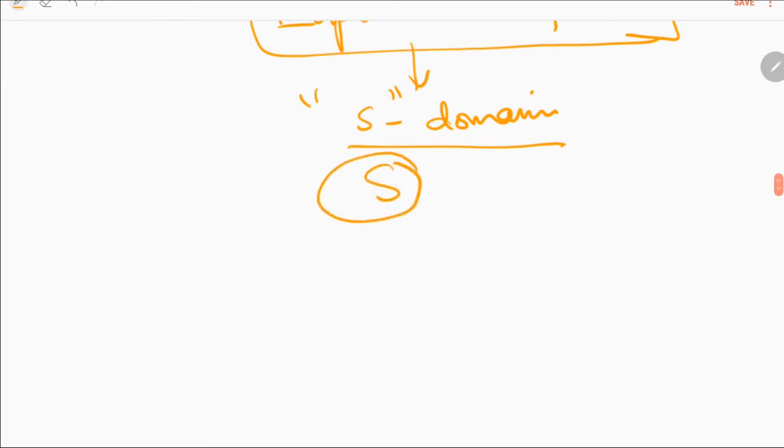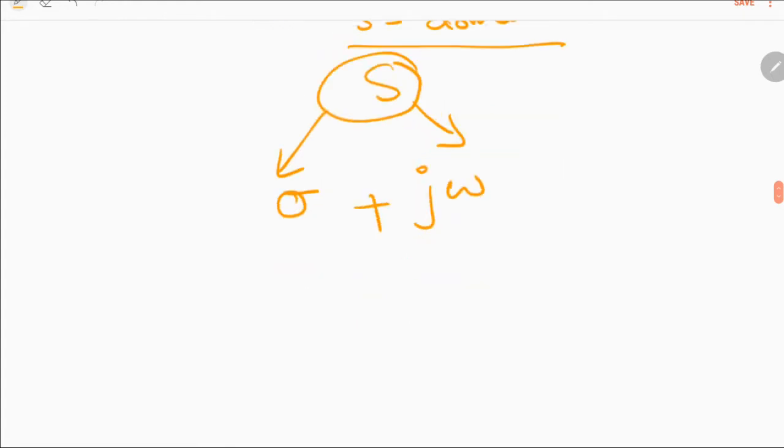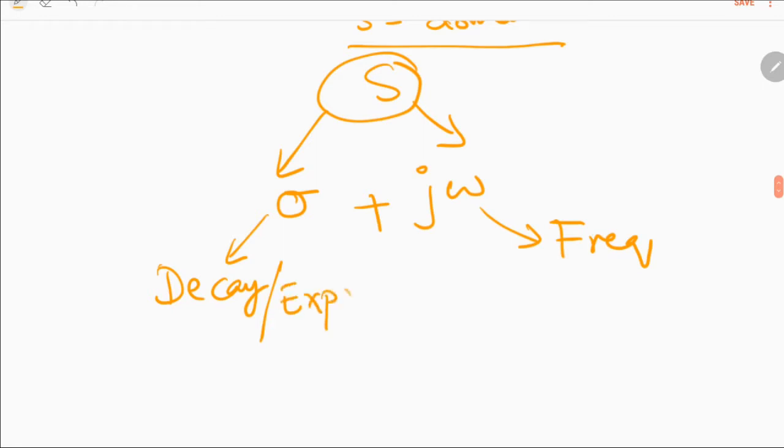This S is actually sigma plus j omega. What is omega? This is the frequency, the frequency of that specific signal. And sigma is the decay or expansion of that specific signal, right?